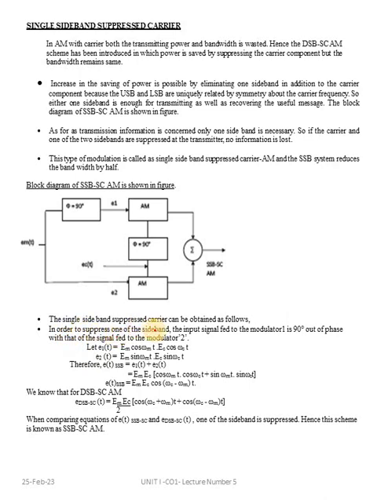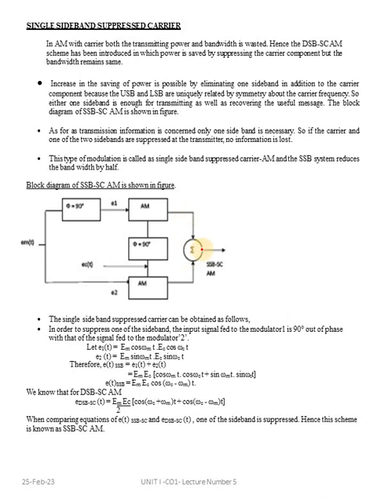So the single sideband suppressed carrier can be obtained as follows. In order to suppress one of the sidebands, the input signal fed to modulator 1 is 90-degree phase shifted with respect to the signal fed to modulator 2. Let E1 of t is equal to Em cos omega m t into Ec cos omega c t, and E2 of t is equal to Em sin omega m t into Ec sin omega c t.